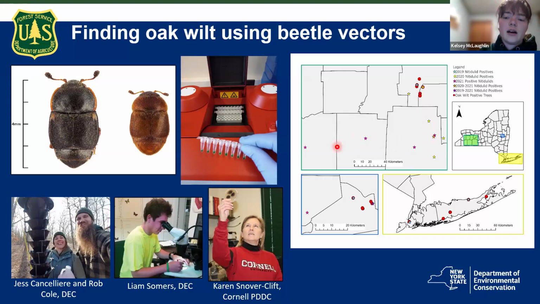So it's kind of an early warning system, essentially, is what we're trying to use it for. We're using it to direct surveys. We've started doing some more surveys here in Steuben County, for example, where we fly over all these oak stands where we've had beetles detected, just to see if that points us in the right direction to find those infected trees.